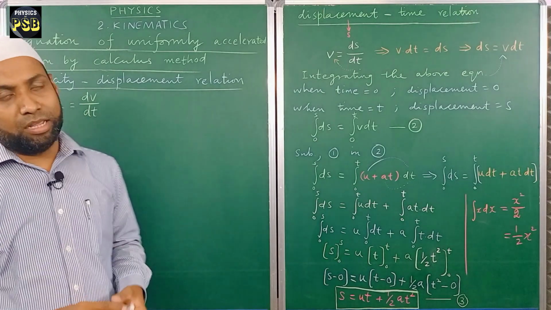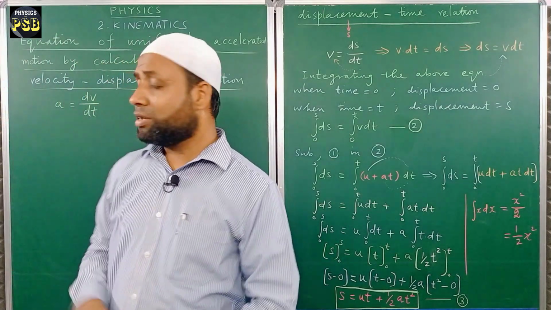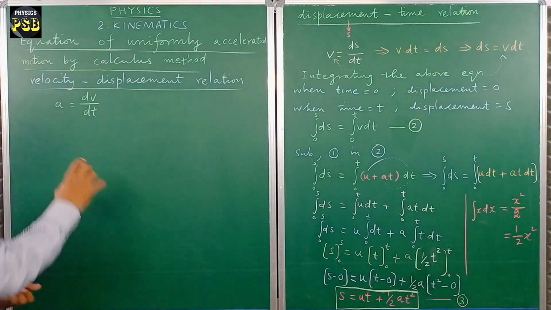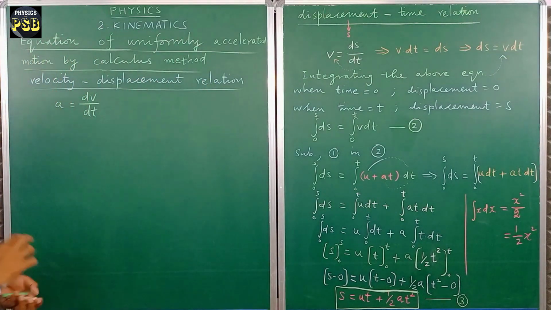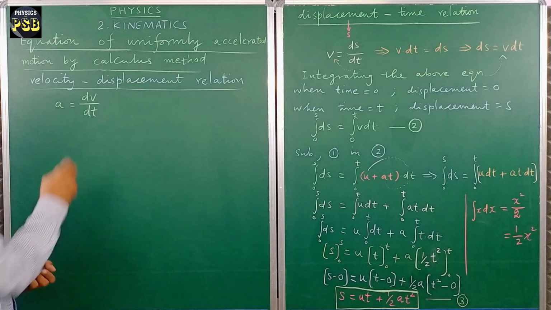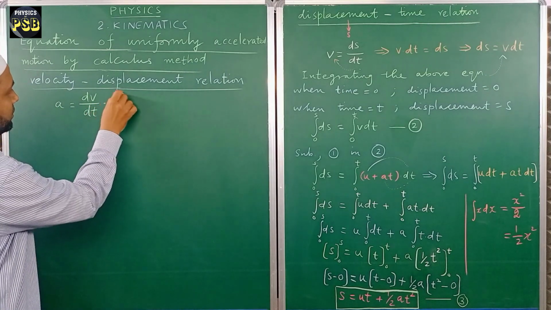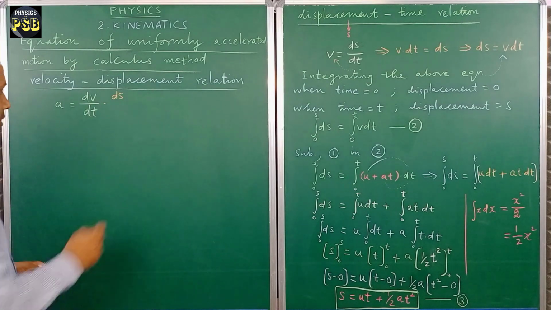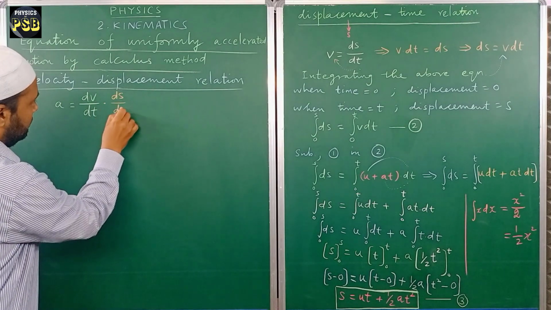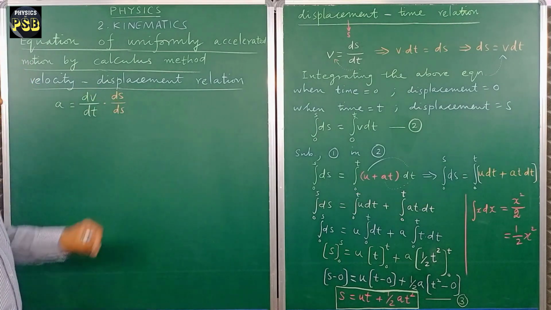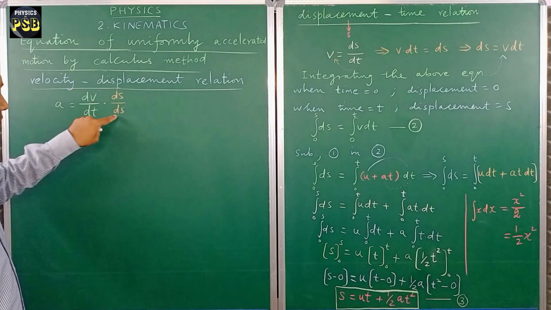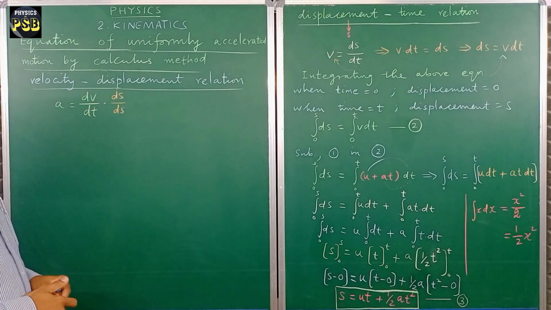Now this I have told you earlier. Okay. Now I'm going to make certain changes to this equation. Now what I do, I multiply this equation with ds. Then I'll divide it by ds. If I do so, then when ds is divided by ds, I get 1.